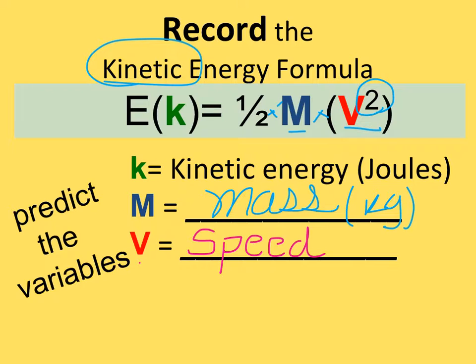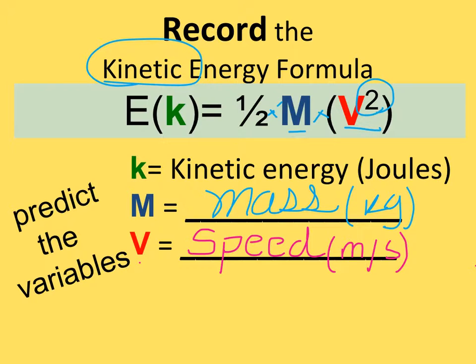And like we said, that's getting squared, and we're measuring it in meters per second. So for our full calculation, we need to find the mass of the object and velocity. And we take those two things and multiply them together with our half to get kinetic energy, or energy of the object in motion.